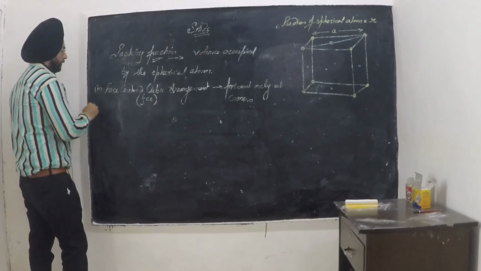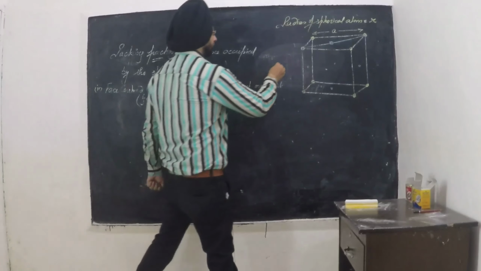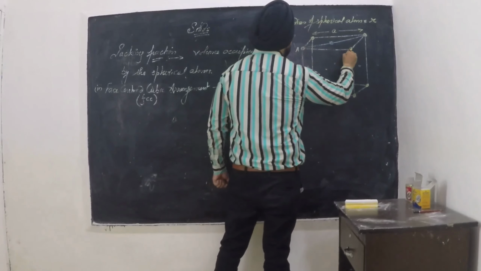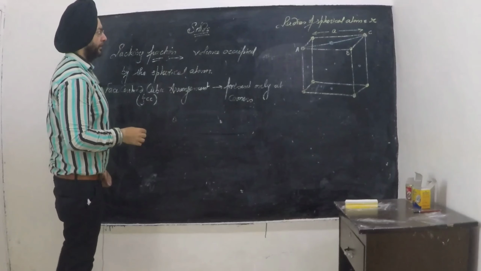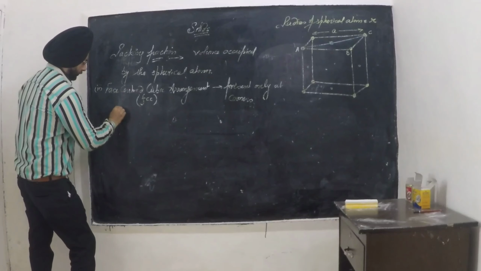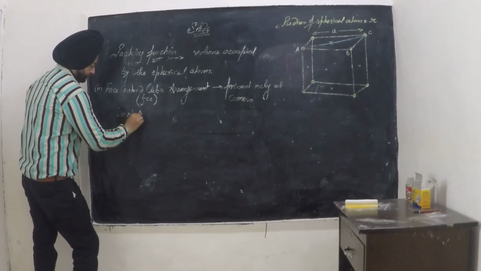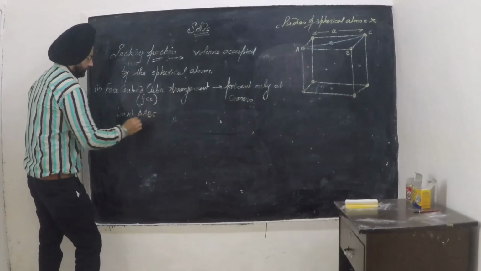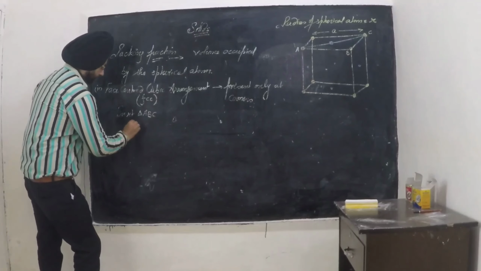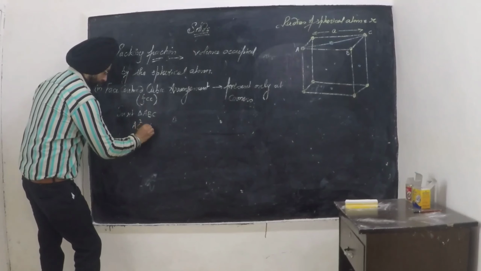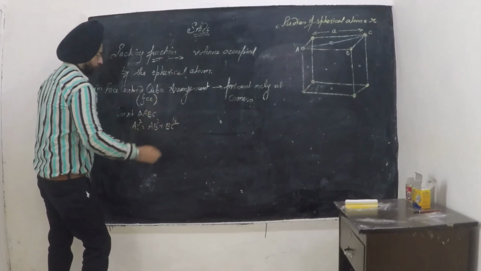Now, let us assign these points as A, B, and C. So if all the angles are 90, using Pythagoras theorem in right triangle ABC, check it now. All the sides are equal. So AC square will be equal to AB square plus BC square.